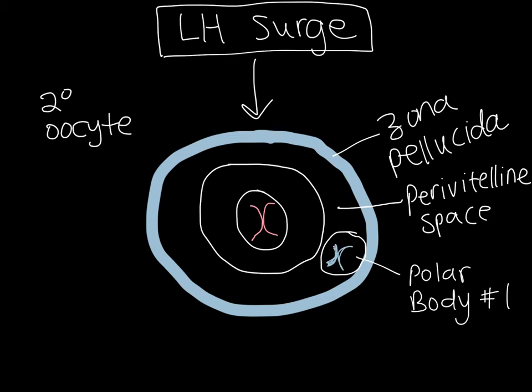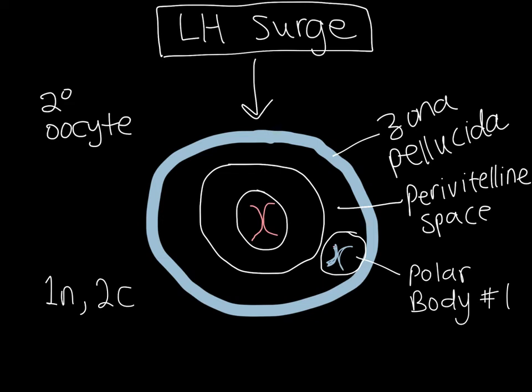And the secondary oocyte and the first polar body both can be said to be 1N, meaning it is haploid. And since there are 2 chromatids, we say that each is 2C.